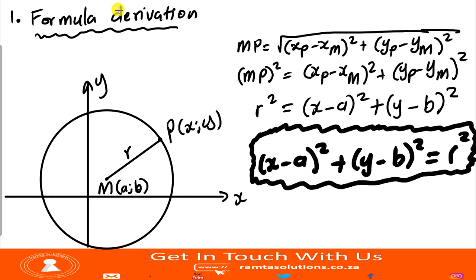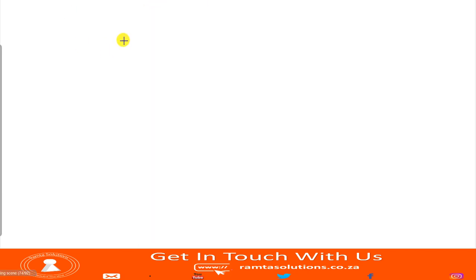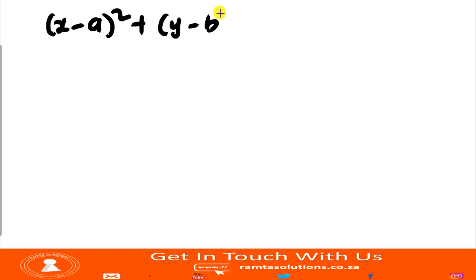Okay, so I'm going to continue with this formula on the next page. Let me rewrite it. It is x minus a all squared plus y minus b all squared equals r squared.